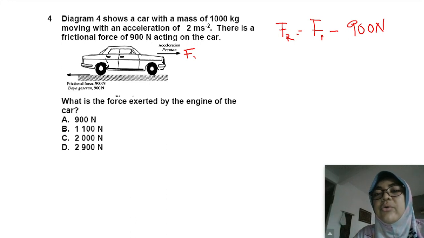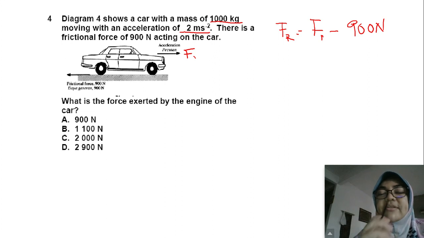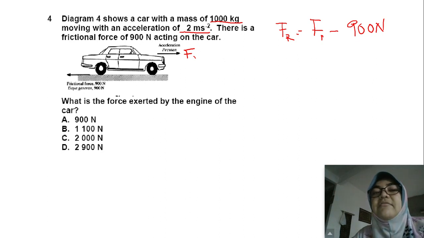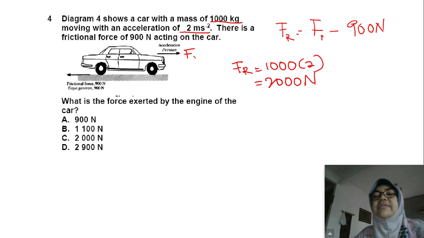So now we don't know F1, we don't know Fr, but from the information given, we can calculate the Fr. Because of the resultant force, the car with mass 1000 kg accelerates with 2 meter per second per second. So Fr is 1000 times 2. So the resultant force is 2000 Newton.